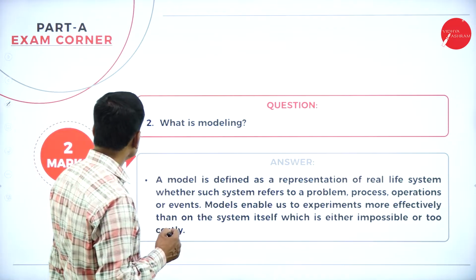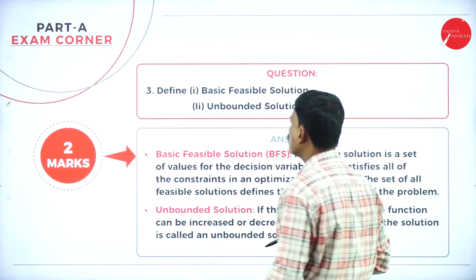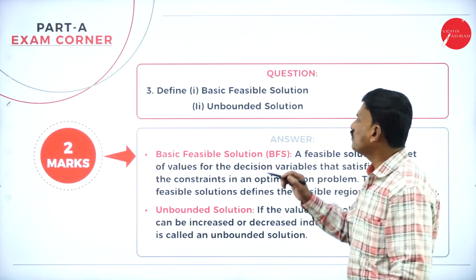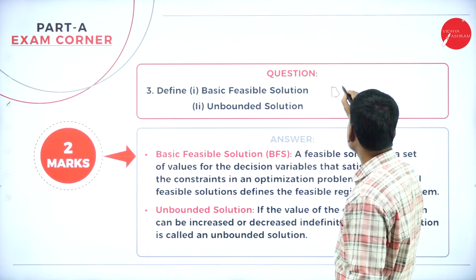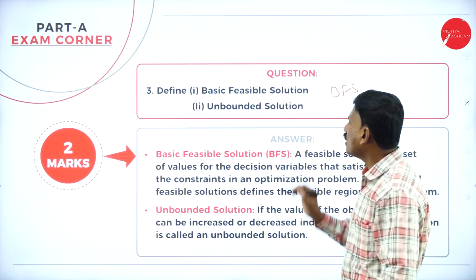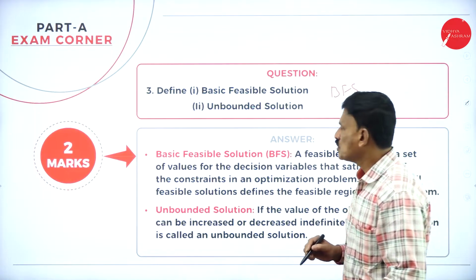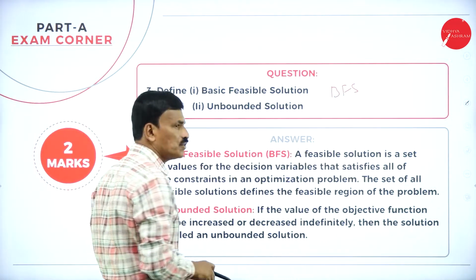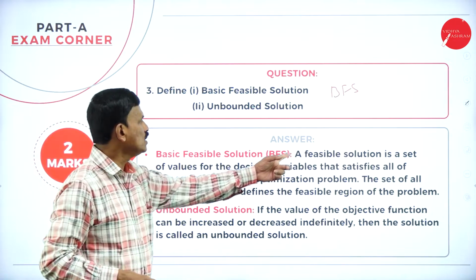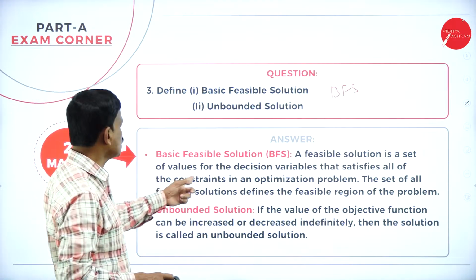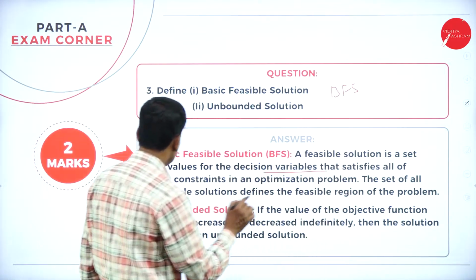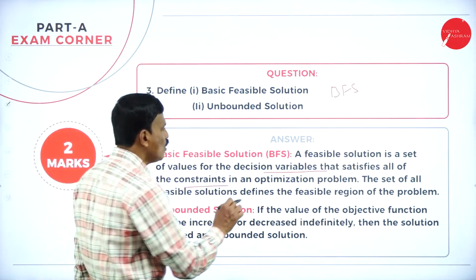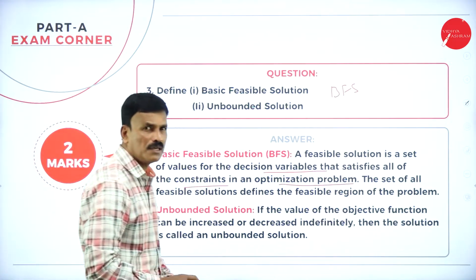Now let us come to the next question. Define basic feasible solution, BFS, and unbounded solution. How do we define a basic feasible solution? A feasible solution is a set of values for the decision variables that satisfies all the constraints in an optimization problem.